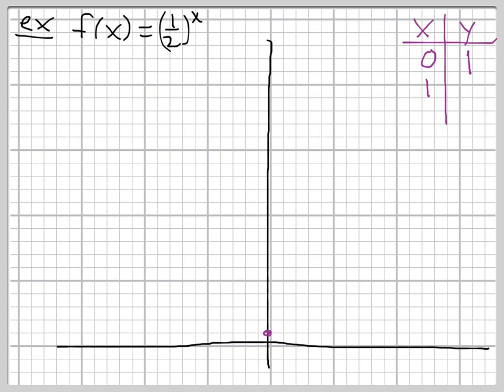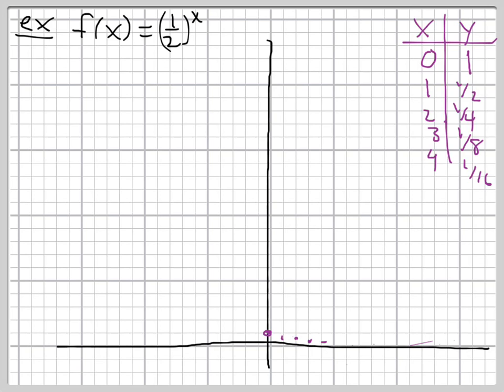What is 1/2 to the first power? Good, just 1/2, right? What's 1/2 to the second power? 1/2 squared, 1/4. 1/2 to the third power? Yeah, 1/8. 1/2 to the fourth power? 1/16, right? So what's happening here? It's getting smaller and smaller.